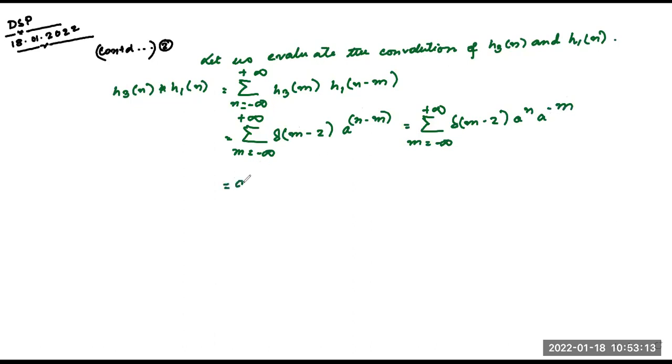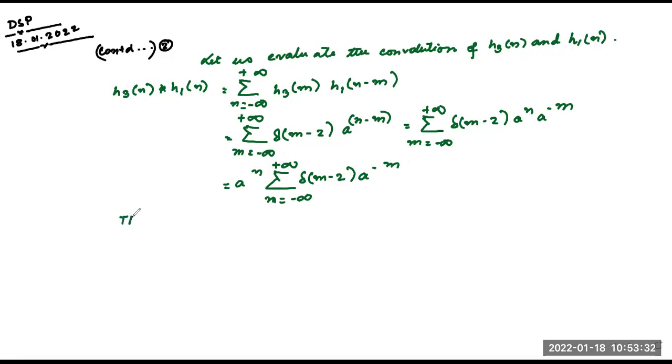And again, a to the power n is kept outside, summation m equals minus infinity to plus infinity delta(m minus 2) into a to the power minus m.